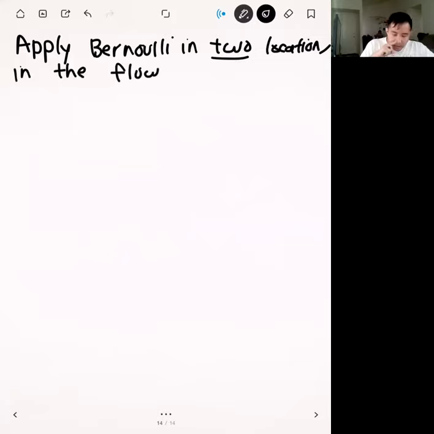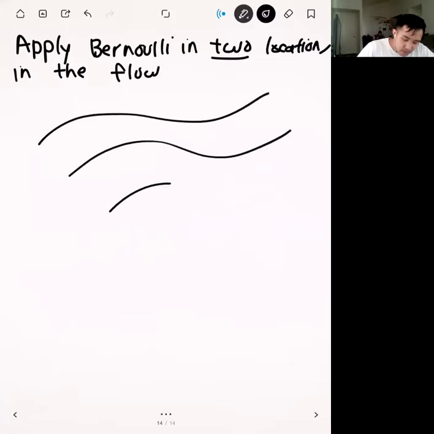Say that we have a moving fluid like this, and then we have some location 1 upstream and location 2 downstream. We can write out the Bernoulli sum, the sum of all 3 terms, for both of those locations. So let's do that for point 1 first.